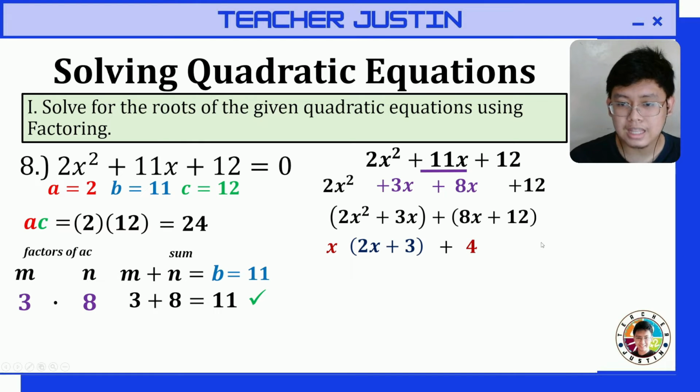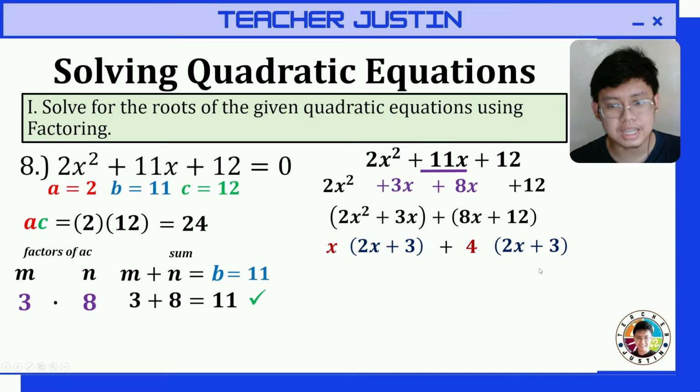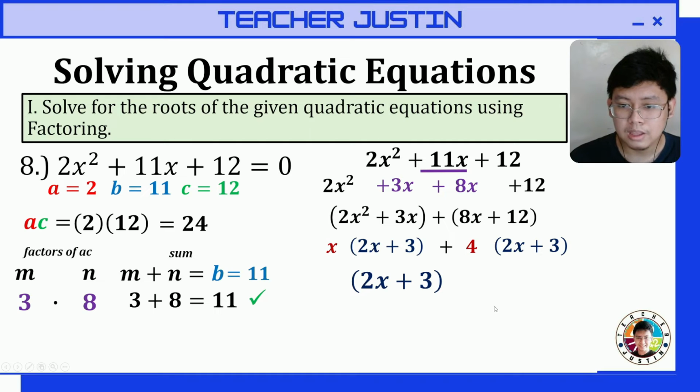So, let's divide each term by 4. That will give us 2x plus 3. Now, kung mapapansin natin, meron tayong common group na 2x plus 3. So, pag finactor out natin yung common group na yan, 2x plus 3, ang matitira will be x plus 4. So, nakuha na natin yung ating factor ni 2x squared plus 11x plus 12.